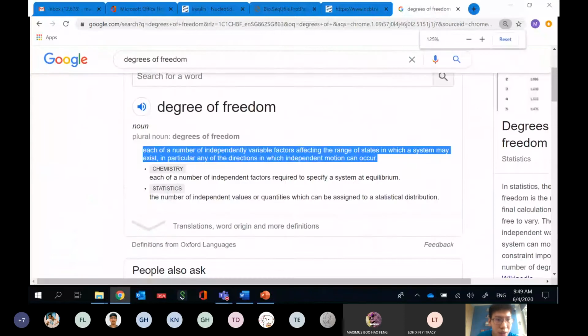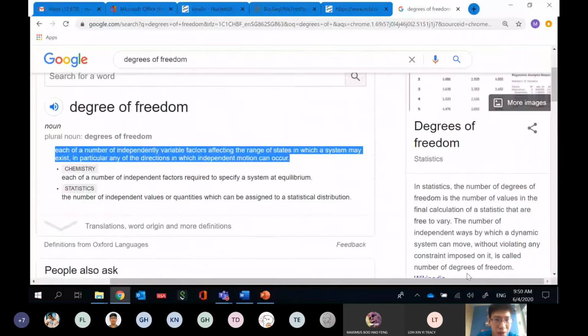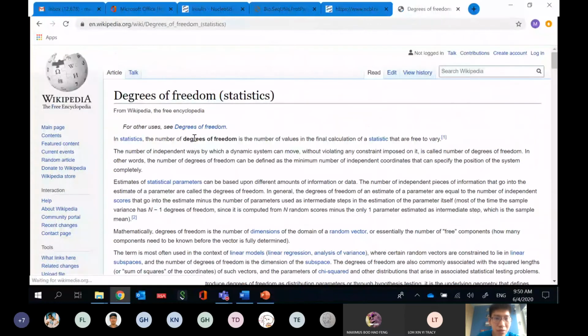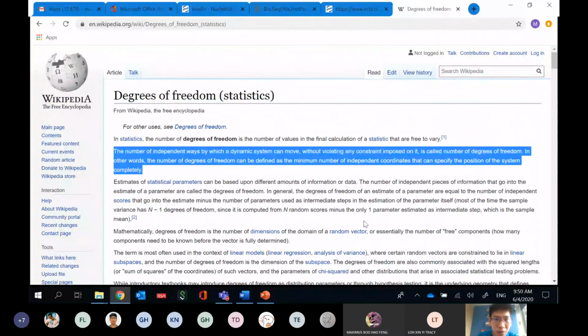Yes, although there's one simpler description on that statistics page, sir. Okay, but it doesn't matter. In fact, one of the correct explanations is in this Wikipedia. This is exactly what degrees of freedom really means. But read it yourself.